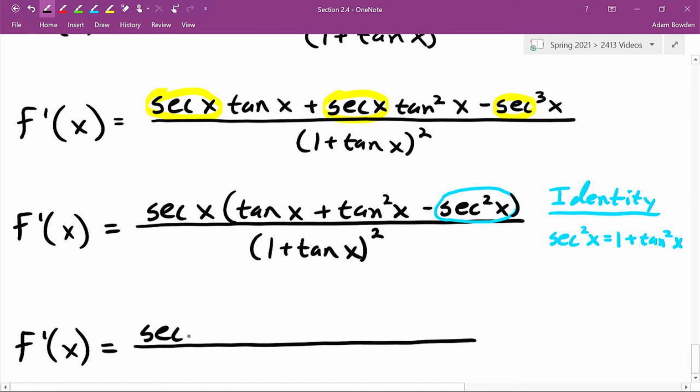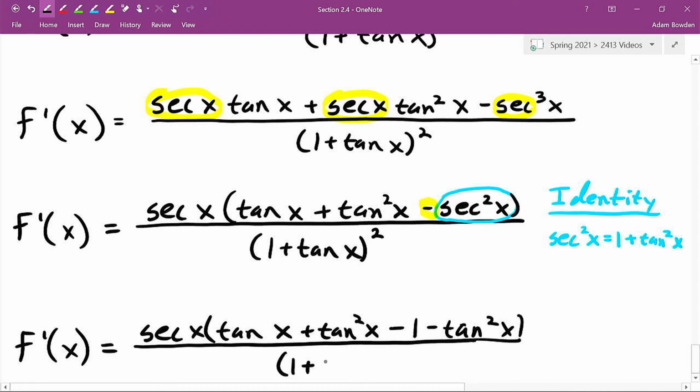So we're going to have secant x in parentheses tangent x plus tangent squared x. And putting it there, keeping in mind there's this negative here, so it's actually going to apply to the whole identity. We'll get negative 1 minus tangent squared x, all over 1 plus tangent x all squared.